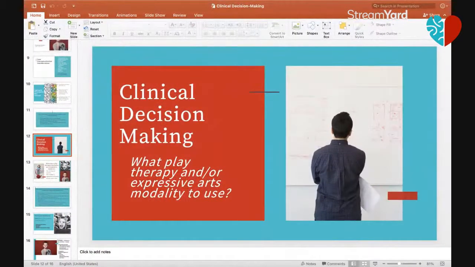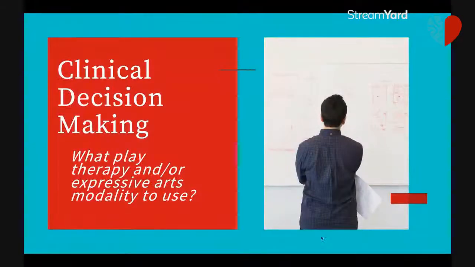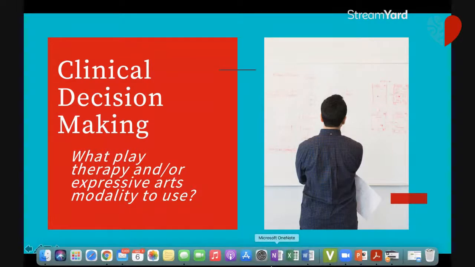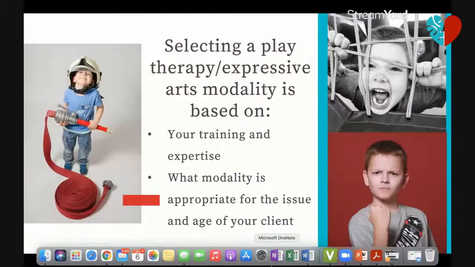All righty. So what are we talking about today? We are talking about that clinical decision making, how to know what kind of play therapy or expressive arts modality to use. A couple of the things that I really think you have to think about is, what's your training and your expertise, making sure that you're trained to use play therapy and expressive arts, trained in different theoretical models, and how those models are applied with your clients.